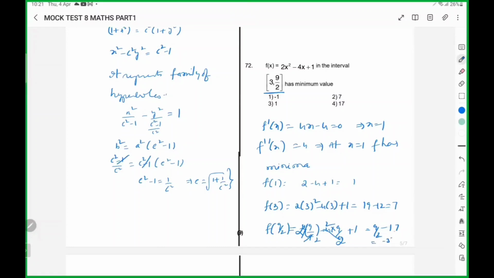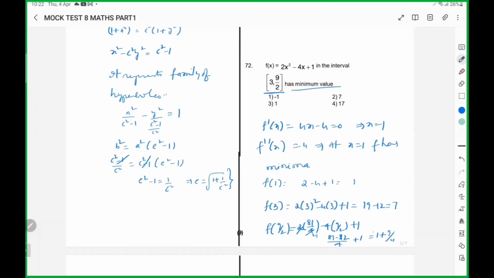Minus 39 by 2. Here it is 2 into 81 by 4, 9 by 2 plus 81 minus 72 by 4. So 1 plus 9 by 4.